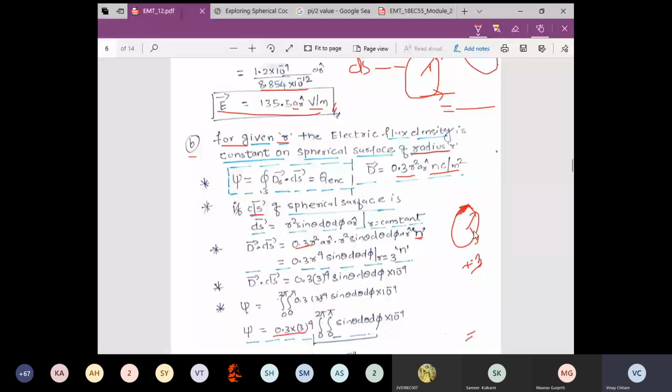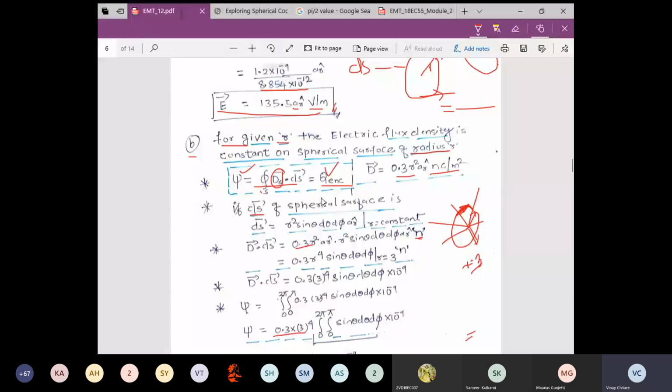In order to find the charge enclosed, I can use Gauss's law. Gauss's law says that the flux leaving this closed surface is equal to the surface integral of D dot ds, equal to the charge enclosed. Now you can see that I have the information about this D. So I can perform the surface integral to find the flux, and that same will be equal to the charge enclosed.